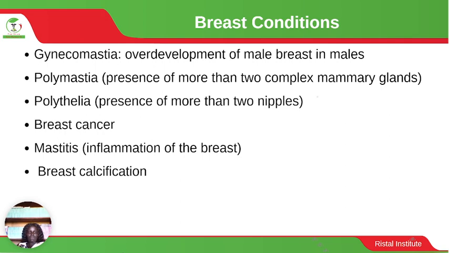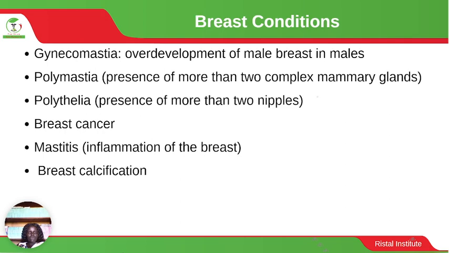Mastitis, inflammation of the breast. Then breast calcification is a condition that happens to the breast because of some problem with the minerals in the body. So those are the conditions of the breast right there.